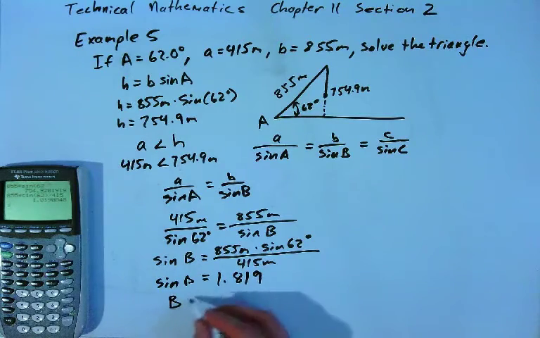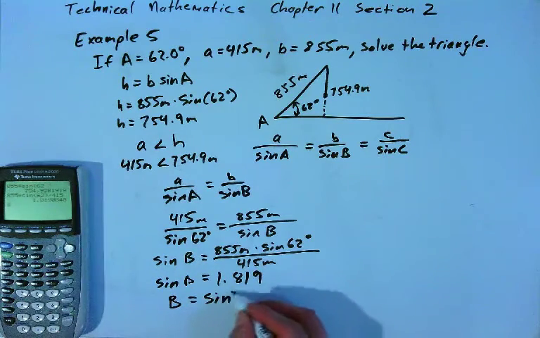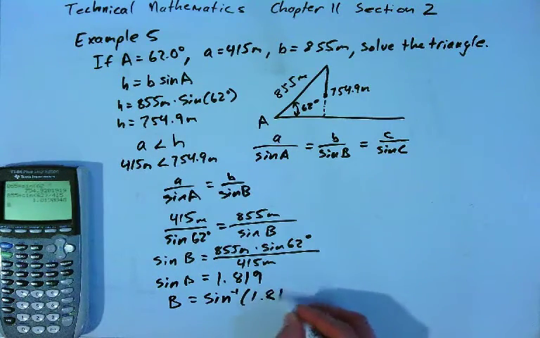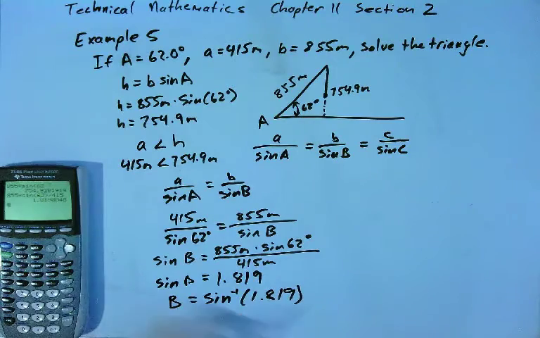So we'll take the inverse sine of both sides. B is going to be the inverse sine of 1.819. And when you type this into your calculator, the inverse sine of 1.819, and you press equals, you get an error. Not possible.